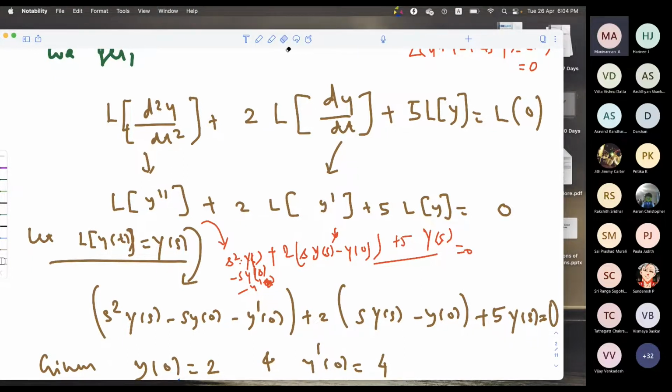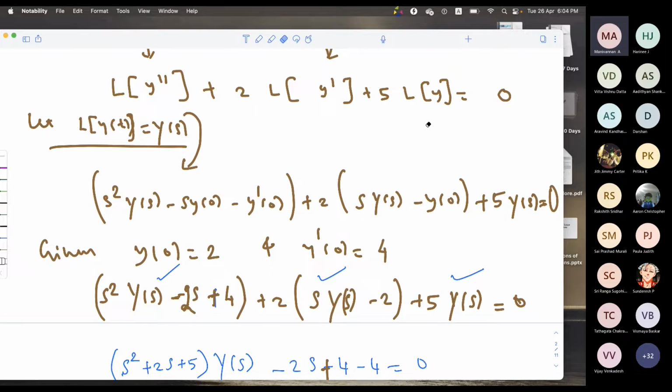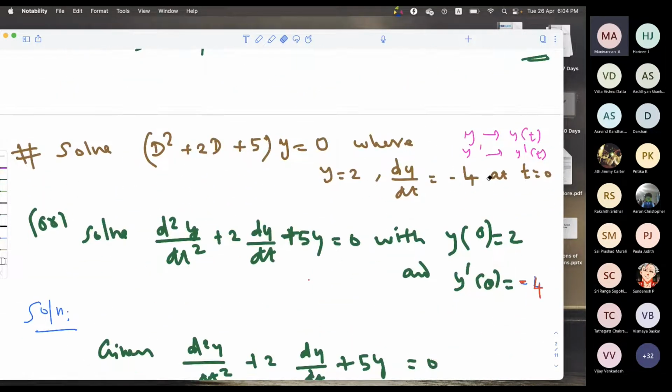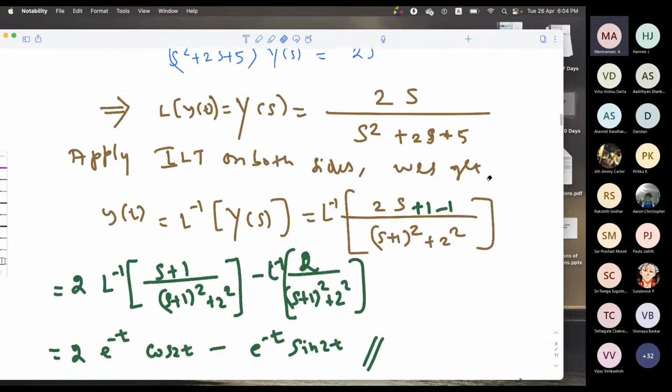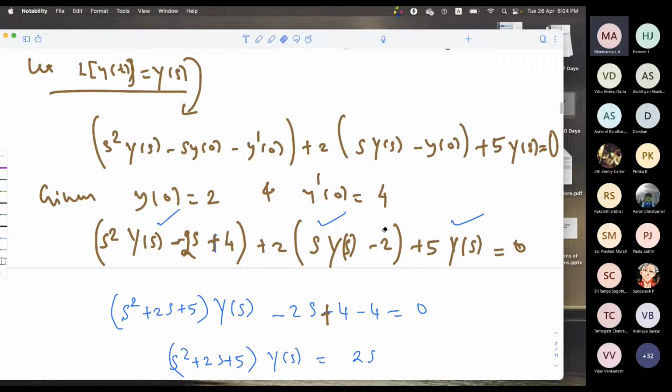Here it is explained in detail. The initial conditions are y at 0 is 2 and y derivative at 0 is -4. Substitute them wherever possible. Now we collect all the y of s terms on the left-hand side: (s squared plus 2s plus 5) y of s.